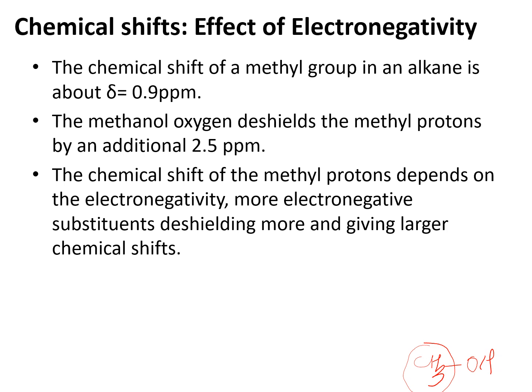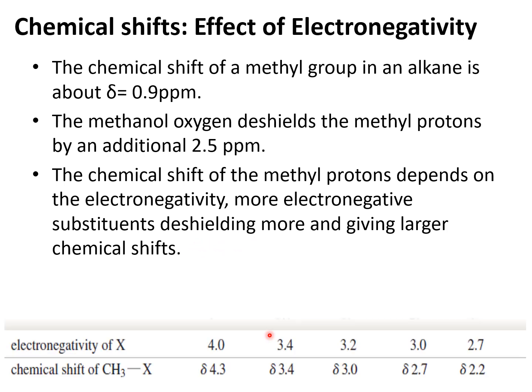That means its value is going to shift to 2.5 due to the electronegative oxygen atom. So it will be de-shielded due to the electronegativity of the oxygen atom. So as the electronegativity of groups or elements increases, the chemical shift value or de-shielding will also increase.